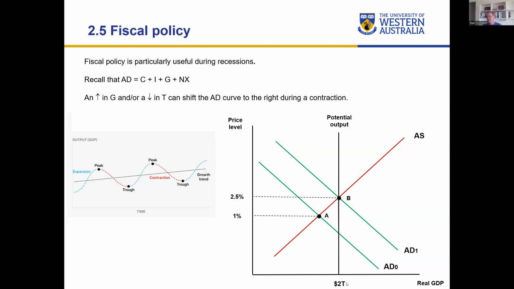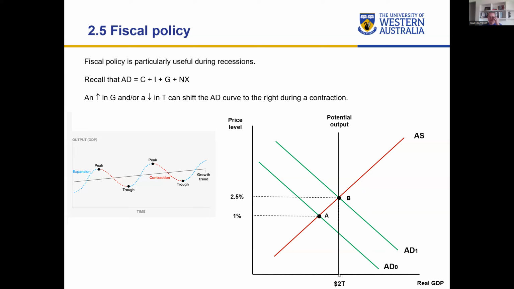Of course, we don't know the exact value of potential output, but the unemployment rate gives us a little bit of an idea. If we have an output level that is very low, the unemployment rate's going to be very high, 5, 6, 7%. If the output level is beyond 2 trillion, maybe 2.1 trillion, the unemployment rate's going to be incredibly low, maybe 3%. So if we've got an unemployment rate of close to, let's say, 4% in Australia, then we can be reasonably confident that we're somewhere close to potential output.